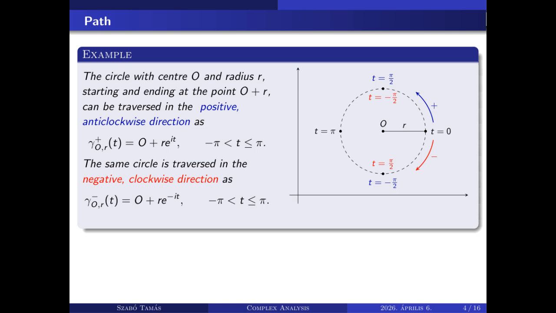The same circle is traversed in the negative clockwise direction as gamma minus sub a comma r of t equals a plus r e to the power minus i t, again for minus pi less than t less than or equal to pi.